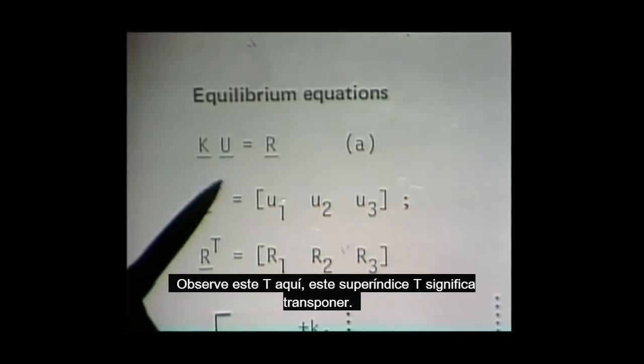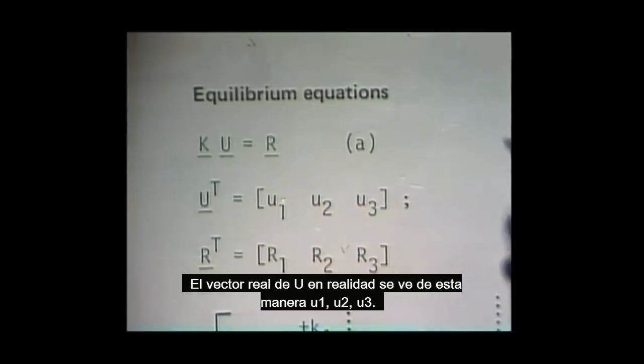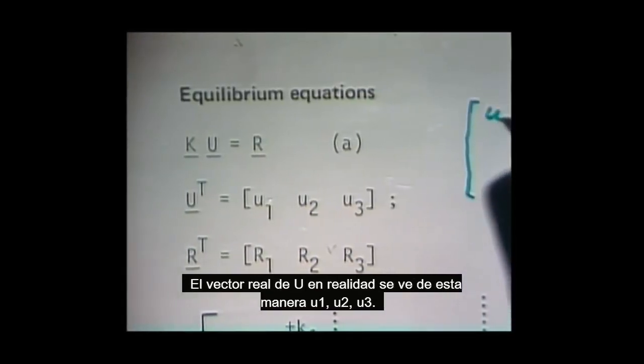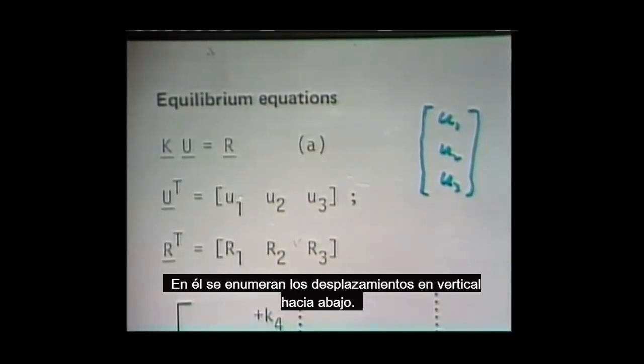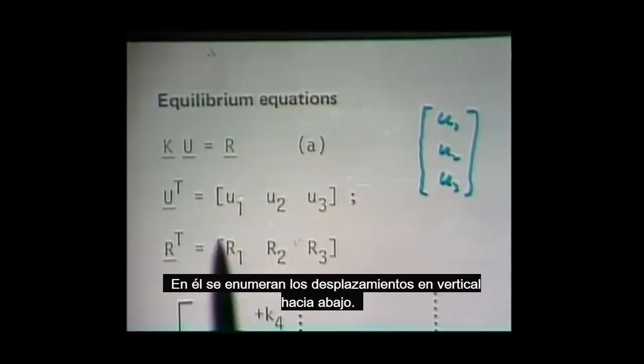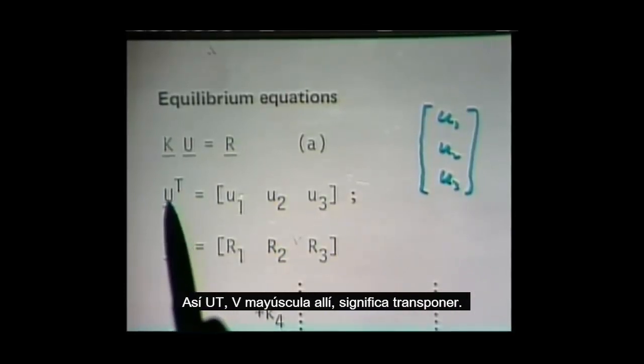Notice this T here, this superscript T means transpose. The actual vector U actually looks this way, U1, U2, U3. It lists the displacements vertically downwards, but it is easier to write it this way by transposing the vector. So U^T, capital T there, means transpose.